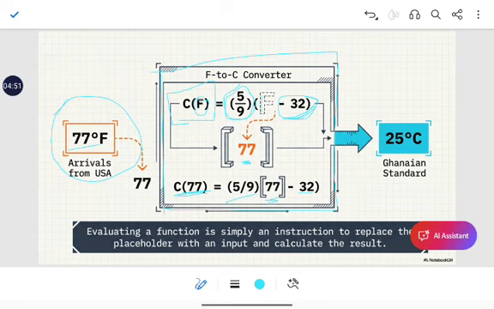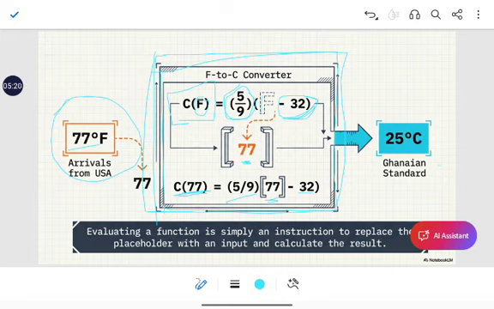And it will produce a Ghanaian standard degrees Celsius. That is what we are familiar with. So this machine is the function. The input value is 77 degrees Fahrenheit. The output value is 25 degrees Celsius.